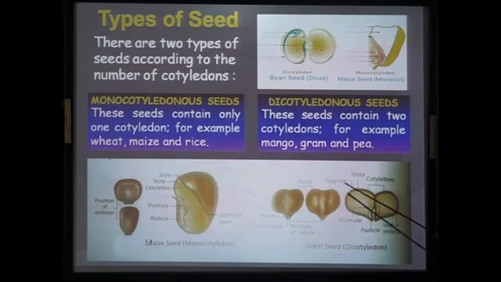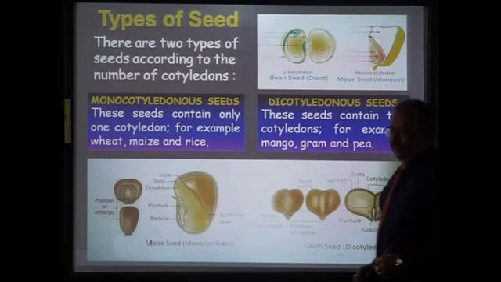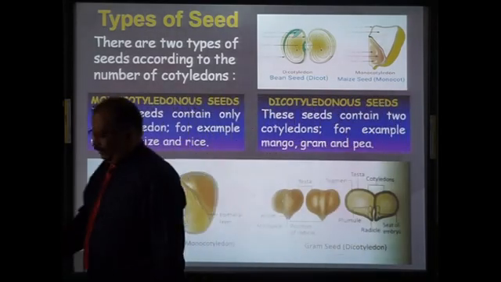The outer one is testa and the inner one is tegmen. Okay, so these are the two cotyledons, and here you can see the radicle, the lower portion which turns into the root, and the upper portion of the embryo, the plumule, which turns into the shoot system of the plant after germination.